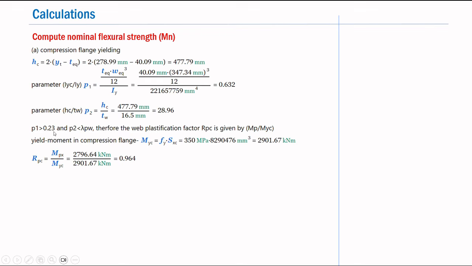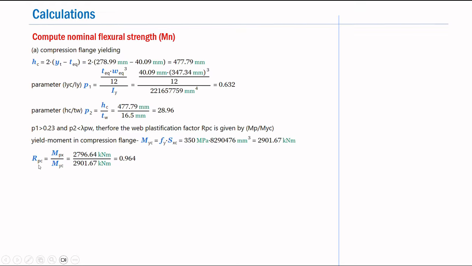And as the parameter p1 is greater than 0.23 and p2 is less than lambda pw, the web plastification factor Rpc is calculated as Mp by Myc. Accordingly, the yield moment in the compression flange Myc will be Fy into Sxc, and this is calculated to be 2901.67 kilonewton meter.